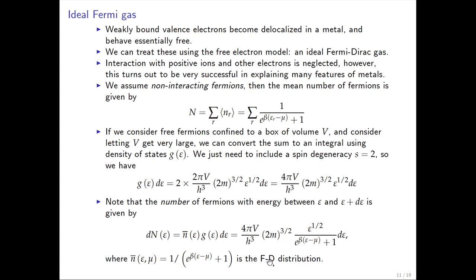So the mean number of fermions here will be this factor which describes the occupancy times the density of states, this factor, right? So we'll just combine those two together and it looks like this. And so when we move to an integral, then we include this effective degeneracy, which is given by the density of states and the spin, and we have to integrate this term over the energy instead of summing.